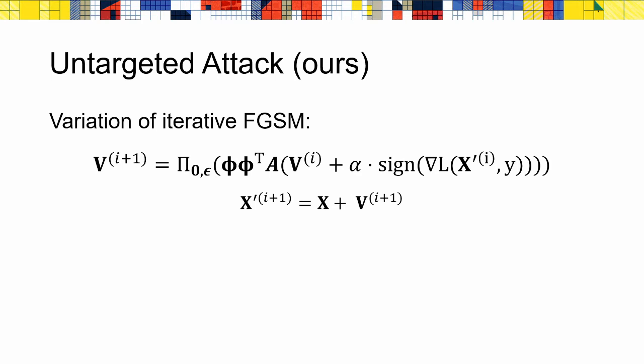The main difference with the standard fast gradient sign method is that we do not iteratively update the adversarial examples, but we update the adversarial perturbation instead, and in order to get the actual adversarial example, we simply sum the input coordinate x to the perturbation.